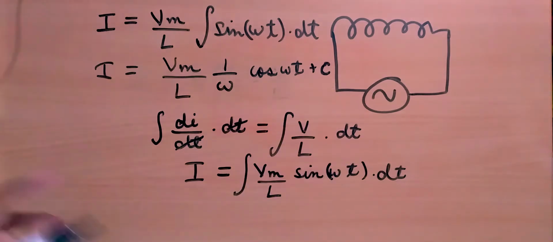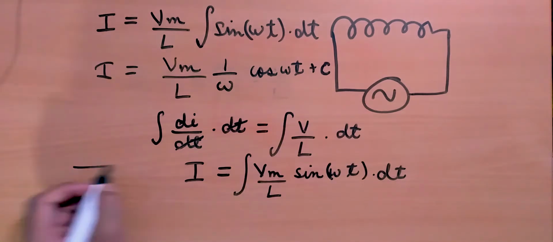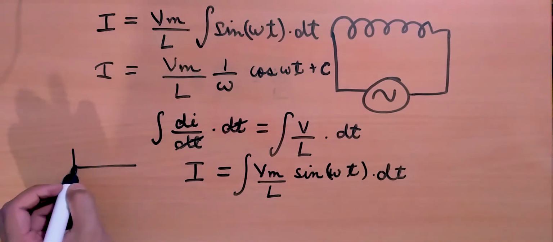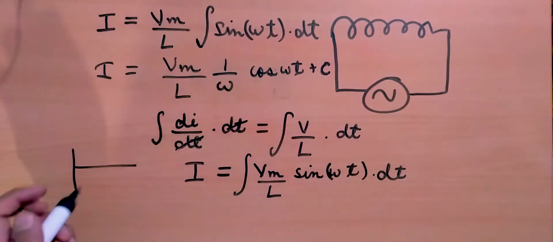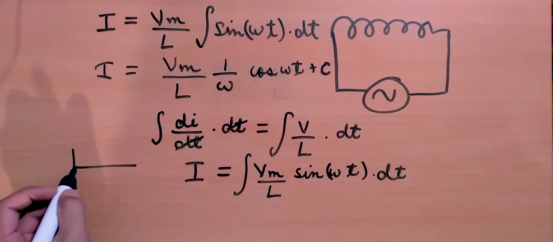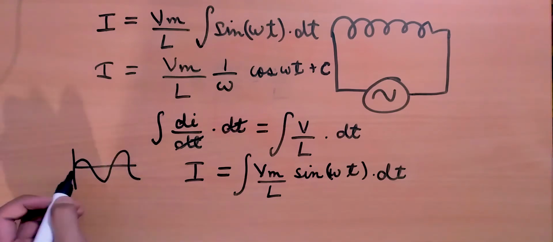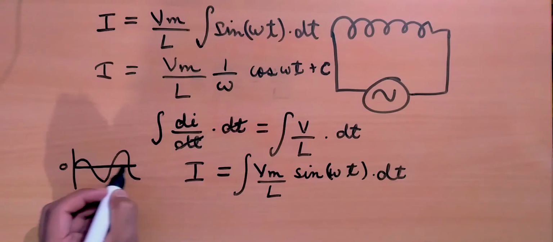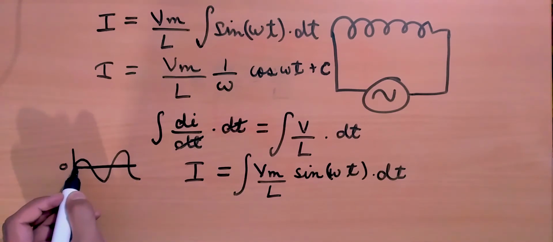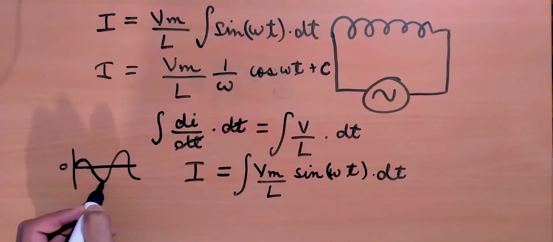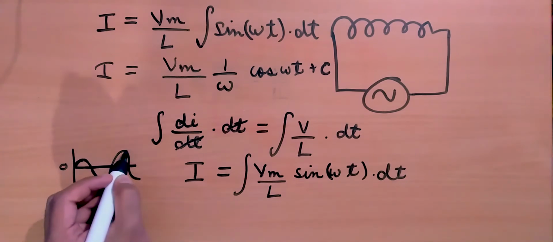Let me quickly give you an intuitive reason for that. So this is the current. Now, we know that the voltage in an AC source oscillates about 0. The mean value of an AC voltage is 0. So the voltage increases from 0, goes to a positive value, comes back to 0, goes to some negative value, then comes back to 0, then goes to some positive value, and so on.